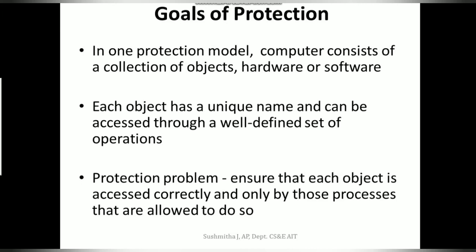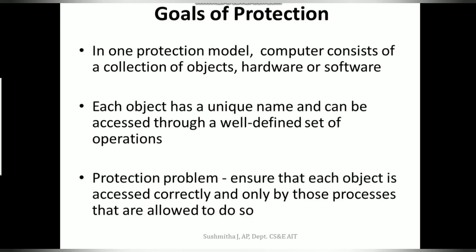What does protection do? Protection must ensure that only an authorized process can operate on that particular collection. Why is protection required? Protection is required to prevent mischievous, intentional or unintentional violation of access.